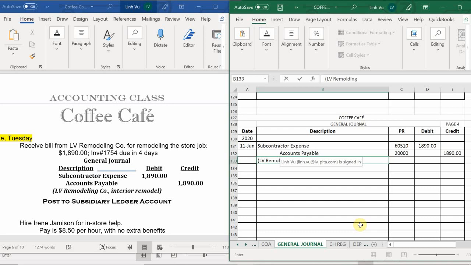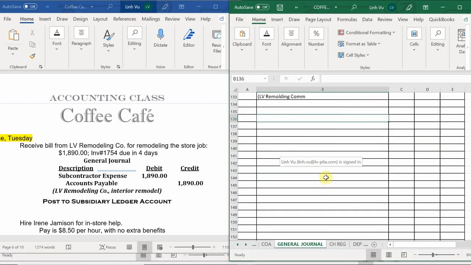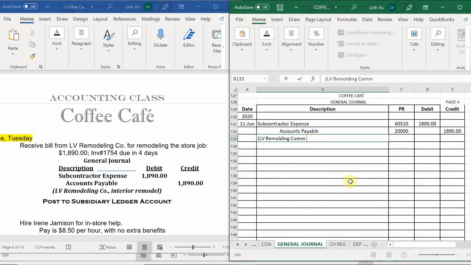We have an invoice here, $1,754 if you want another invoice. 1,754, and you have terms of net 4 days. All right, everything looks good.